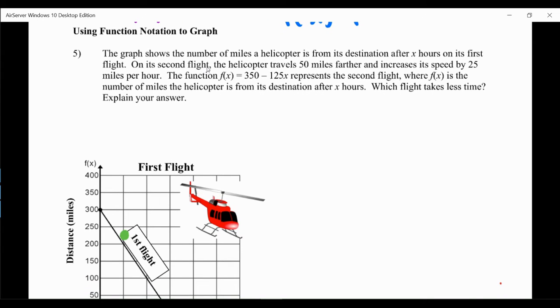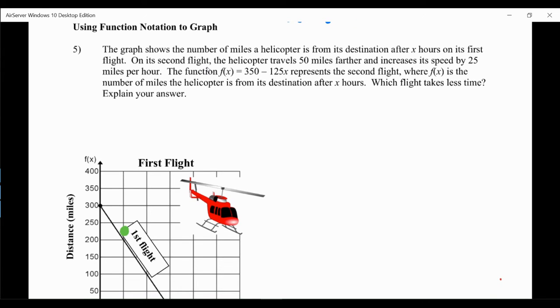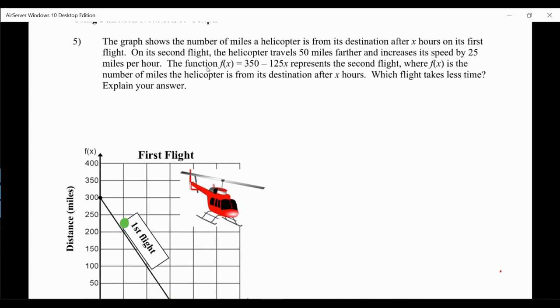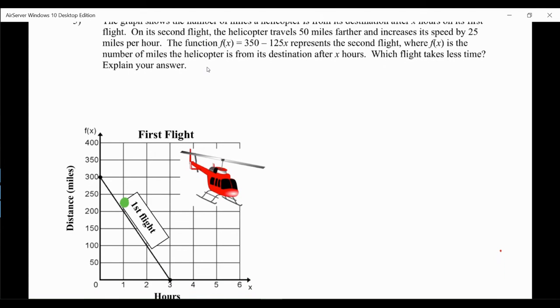With number 3, we're comparing two different helicopter flights. The graph shows the number of miles a helicopter is from the destination after x hours on its first flight. So this is all about our first flight, that graph there. The reason it's decreasing is because it's the distance from the destination.